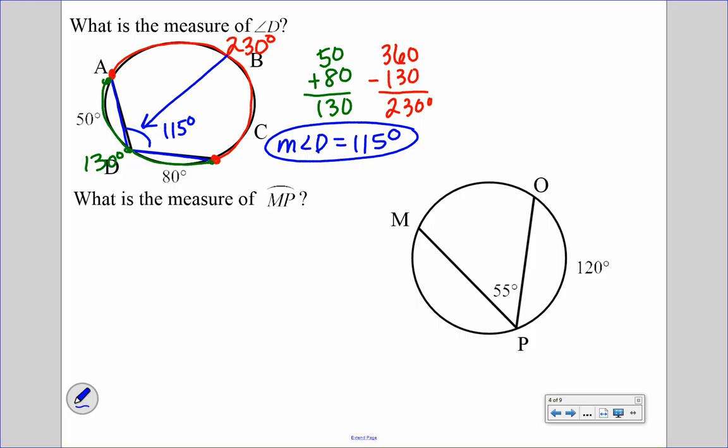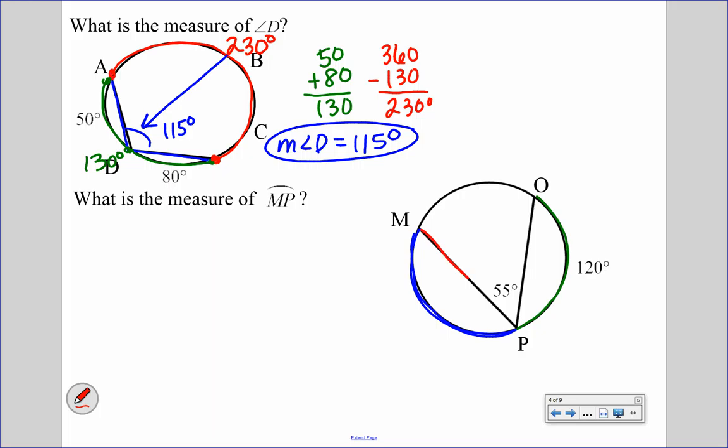It says, what is the measure of arc MP? So we're looking for this piece right here. We do not know what MP is, all right? And it doesn't look like we have any angle associated with it, so I'm going to look at the things that I give you. First off, I tell you that this arc right here is 120 degrees. There's really nothing we can do with that, so we go on to our next piece of information.